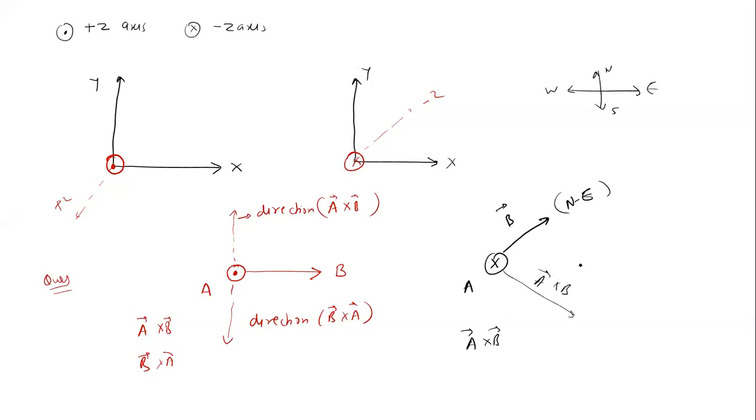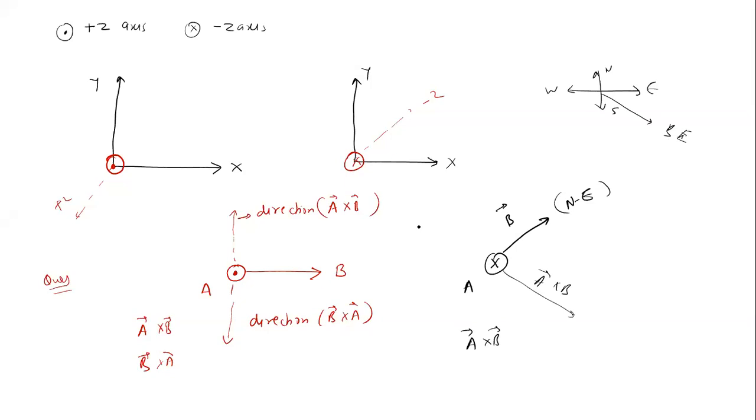Is it southeast or not? Why northeast? I am asking the direction of A cross B. Yes, it is southeast.